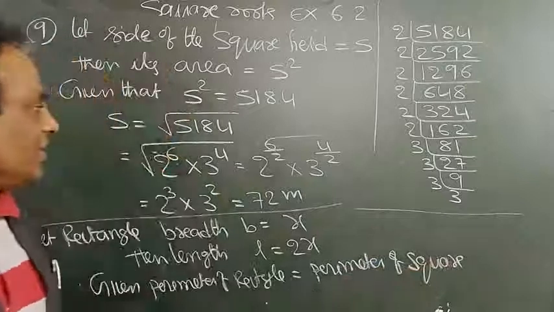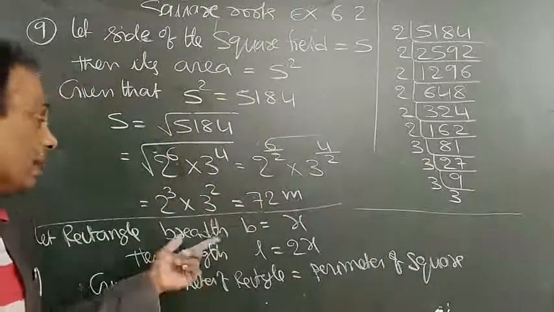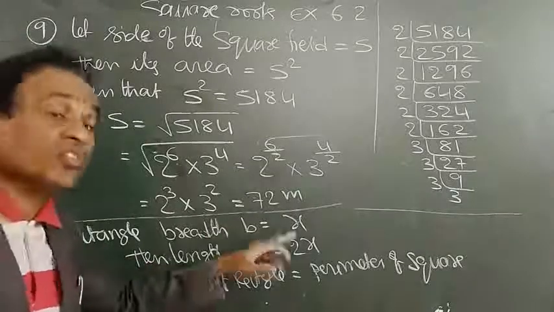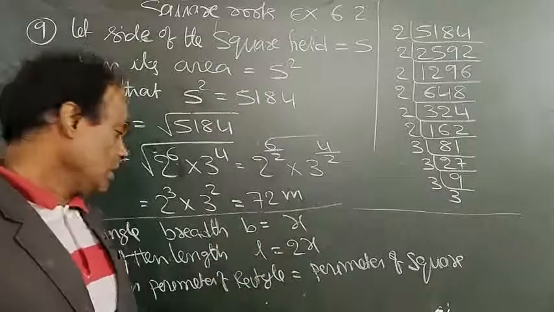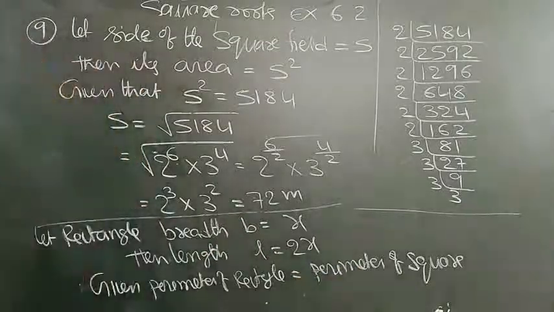That is given. Up to here you understand. After this you start the rectangle. Rectangle breadth I am taking as x, I am assuming. Then length will be twice, 2 times x. Then perimeter of rectangle is equal to perimeter of square. That is given. So then I will continue. You first copy this, students.